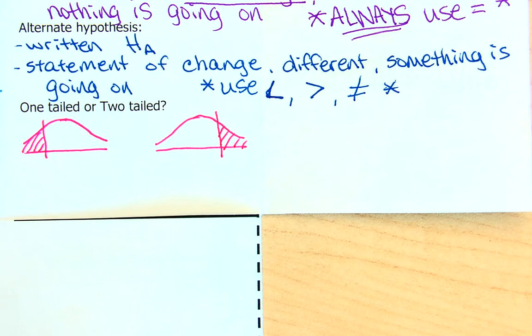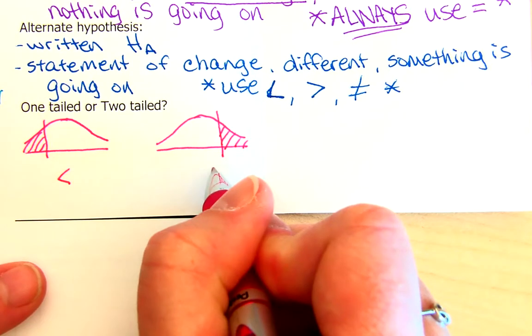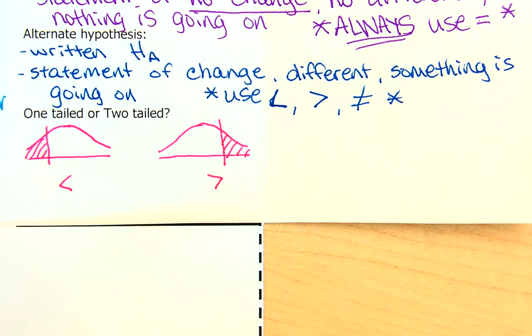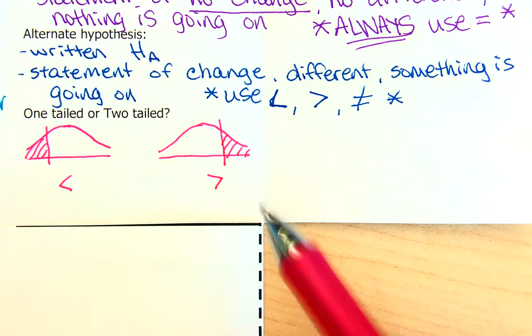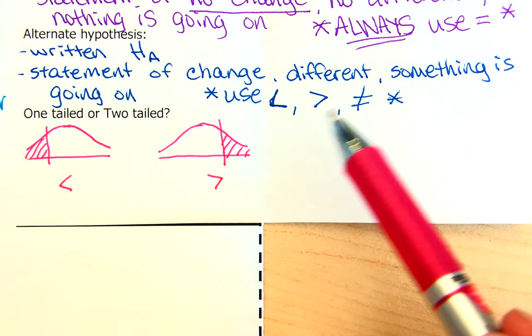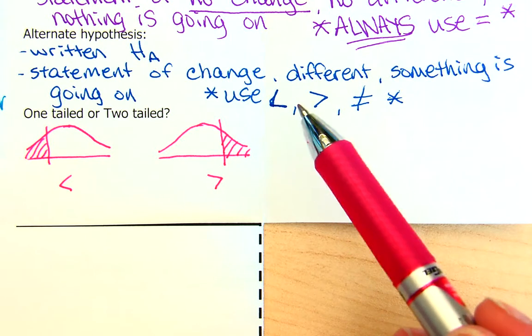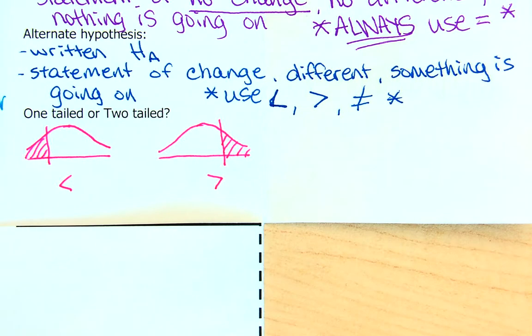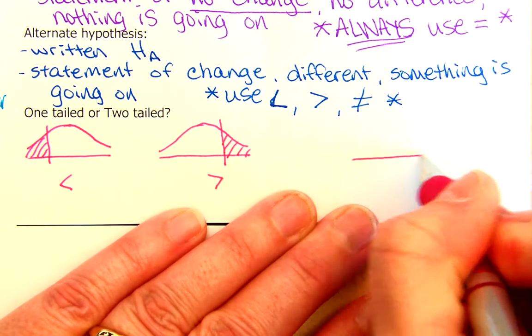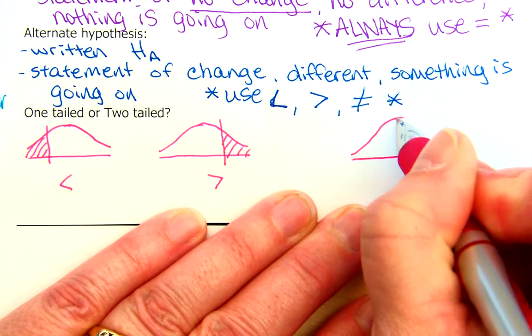Either of those is a one tail. Okay? This would be a less than, this would be a greater than. So when we're talking about this up here, these two are the one tail. The not equal to means it could be more, it could be less, but it's just not equal. So this one is going to be our two tail.